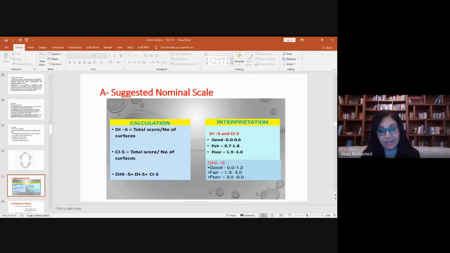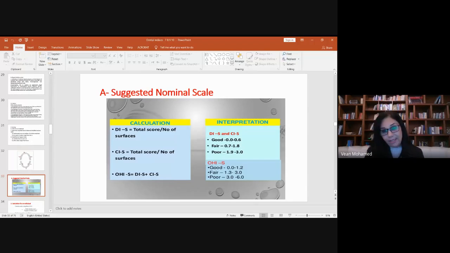For the simplified oral hygiene index, good oral hygiene is from 0 to 1.2, 1.3 to 3 is fair, and more than 3 is poor. It means between 3 and 6, because it cannot be more than 6; the range is between 0 and 6. But in debris and calculus, the range will be from 0 to 3, and with the summation of both, the number will reach 6.